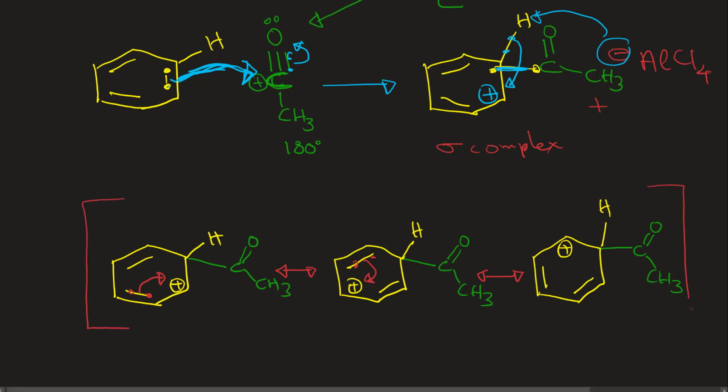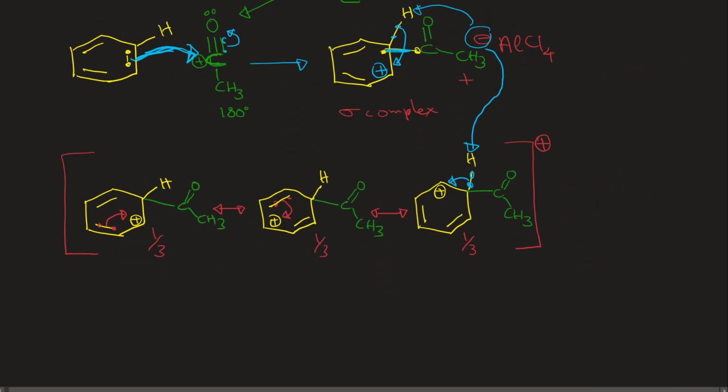You can show it with the square bracket and one-third possibility of each. There's no priority to any, 33% each. Then we pick up this proton because of the basic nature, using it to deprotonate the hydrogen here.